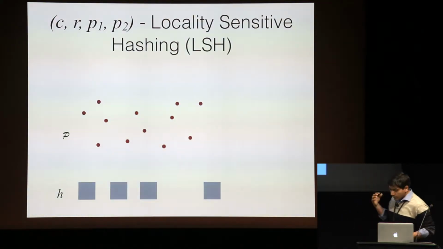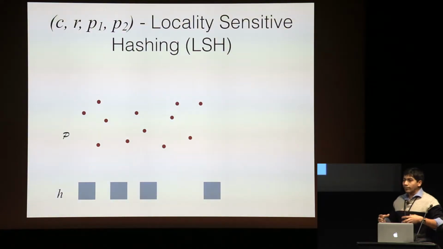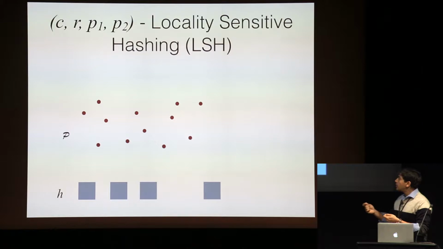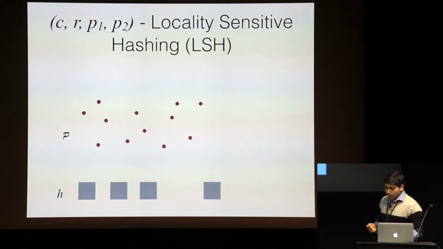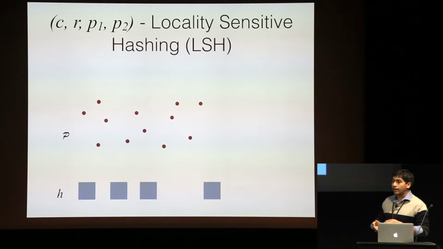In locality-sensitive hashing, the goal is to construct a family of hash functions. That is, you want to hash each point multiple times, with the intent that close points are mapped to the same bucket with higher probability than far points.